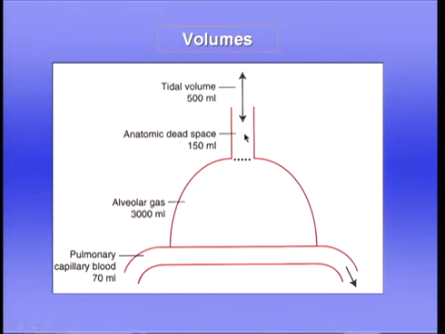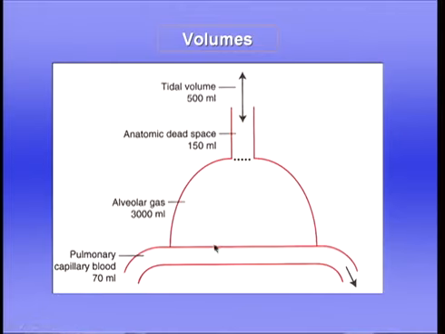Some of it remains behind in the anatomic dead space. In fact, 150 ml does. But the volume of the alveolar gas, of course, is enormous. In this example, which is another ballpark figure, about 3,000 ml, about 3 liters. So, as you might expect, the largest volume of gas in the lung is in the gas exchanging region.